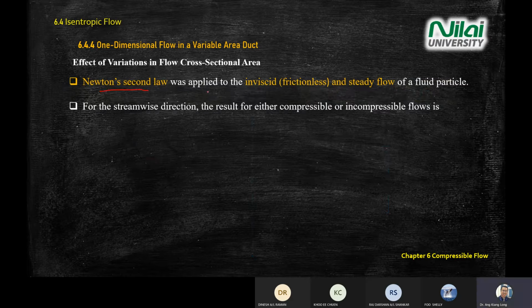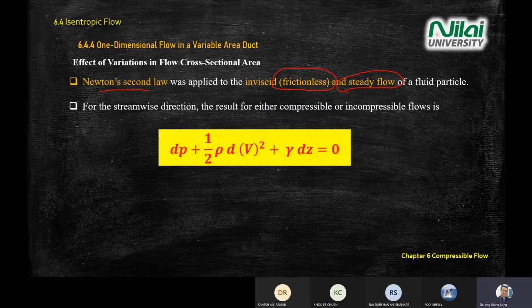Recall Newton's second law. Newton's second law applies when you have a frictionless steady flow. And you're having this Bernoulli equation again. You can see the Bernoulli form: pressure, kinetic component, potential energy component, half rho v square plus specific weight times the height elevation equals 0.